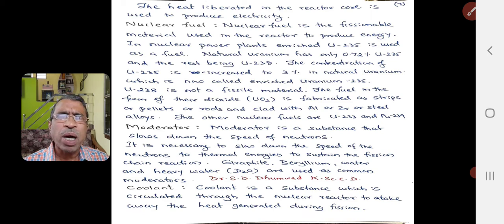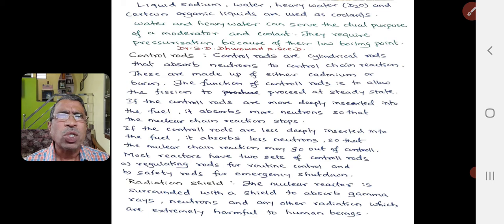Coming to the third part, the coolant. Coolant is a substance which is circulated through the nuclear reactor to take away the heat generated during fission. I think, students, you can understand the meanings of these statements.